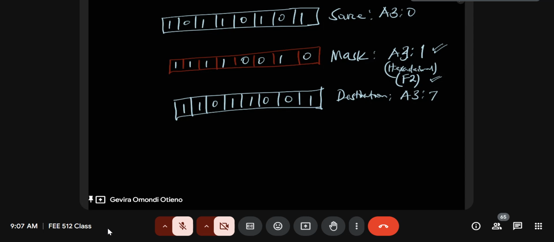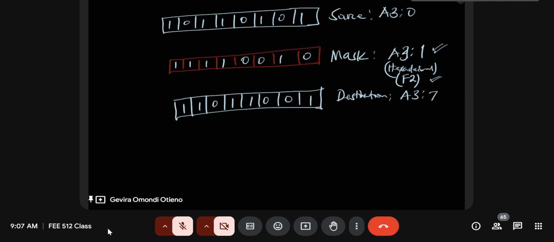Now let's understand how we can actually perform a proper masked move using this kind of example. Remember, the conditions were, you look at the bits in the mask. For bits that are 1, the corresponding source bit is allowed to go to the destination. But for bits that are 0 in the mask, they block the source bits from reaching the destination.